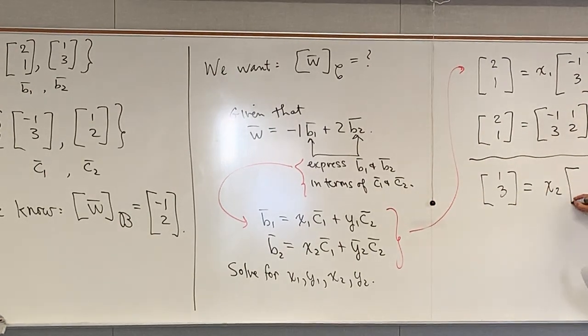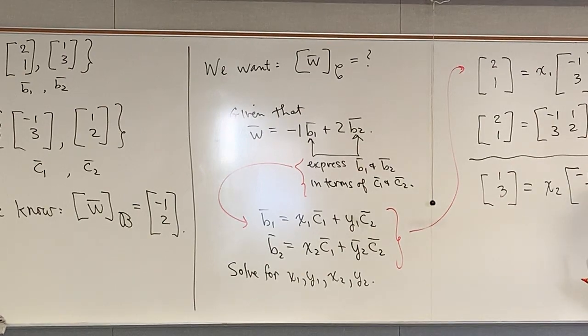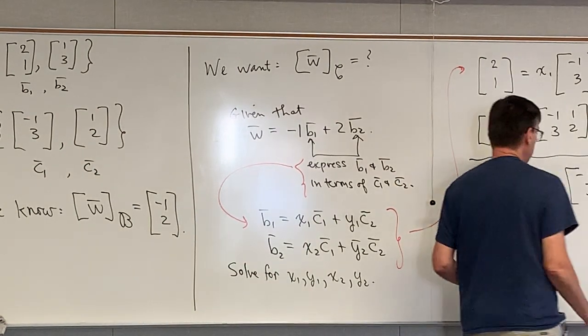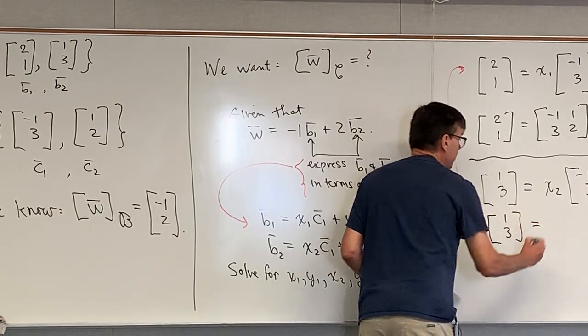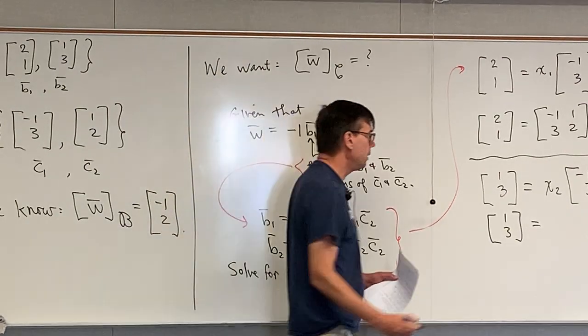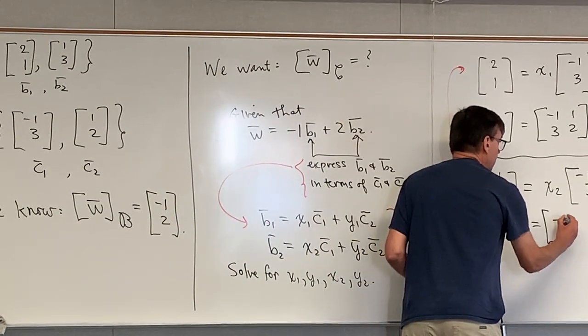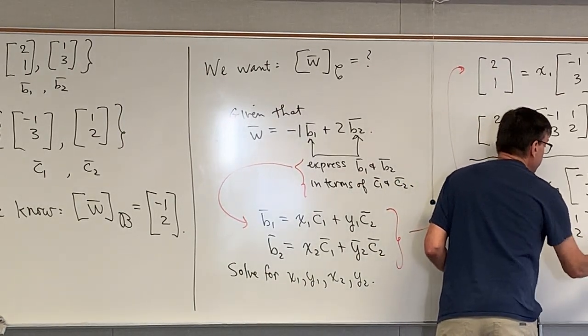x2, c1, negative 1, 3, plus y2, c2 is 1, 2. So we can also express this as a matrix equation. 1, 3 equals negative 1, 3, 1, 2 times x2, y2.